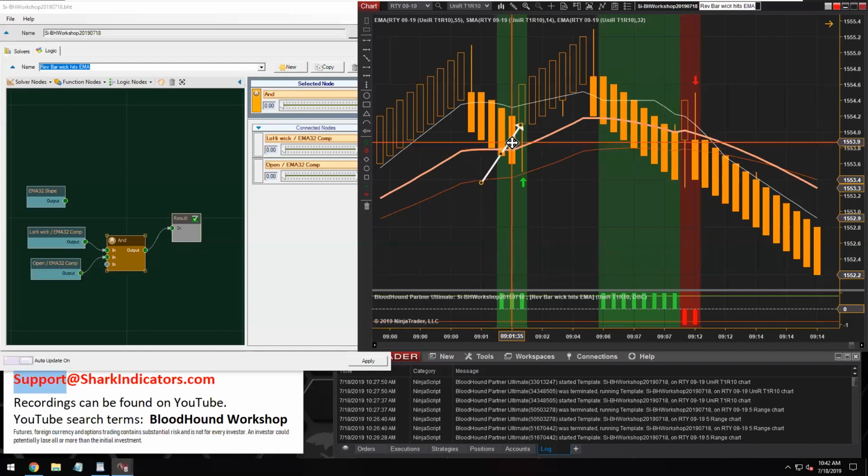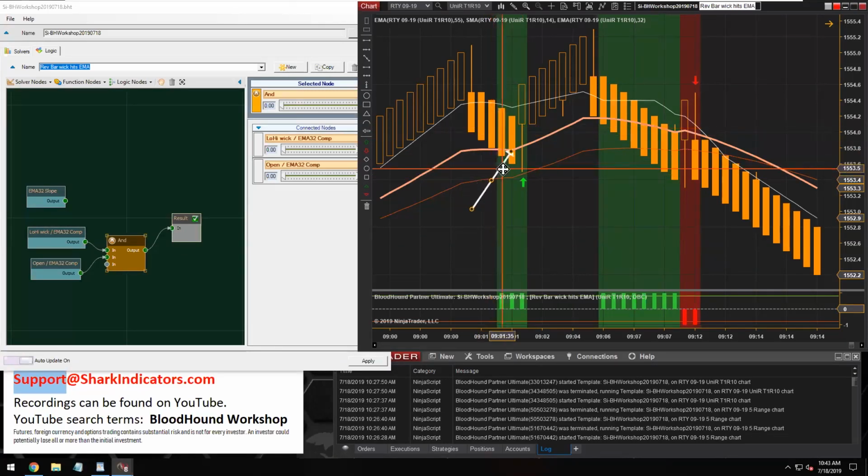So as far as this up bar is concerned, we have the wick, we have the EMA inside the wick. Great. But if we look at these down bars technically, the low of the bar is below the EMA, and the open of the bar is above the EMA.